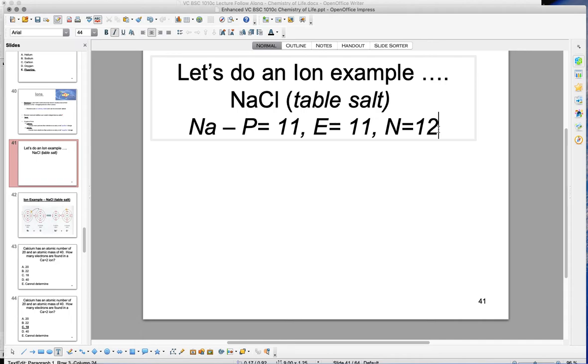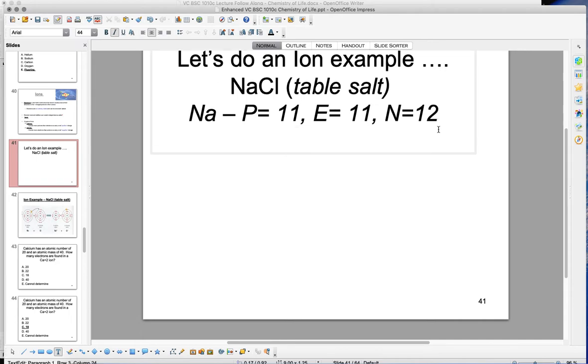Now what about if we're looking at Na plus 1? What happens here? Because now we formed an ion, our protons are going to be the same. Protons equal 11, electrons now equal 10, and our neutrons are the same, equal 12.